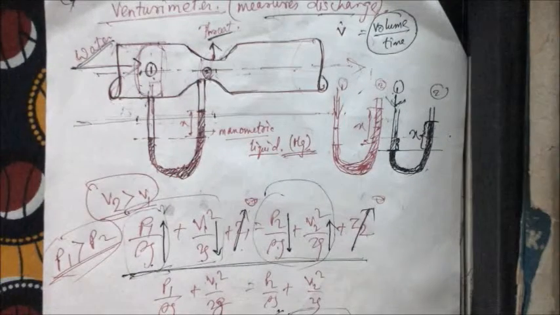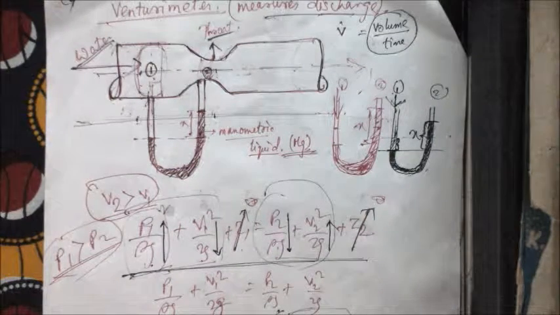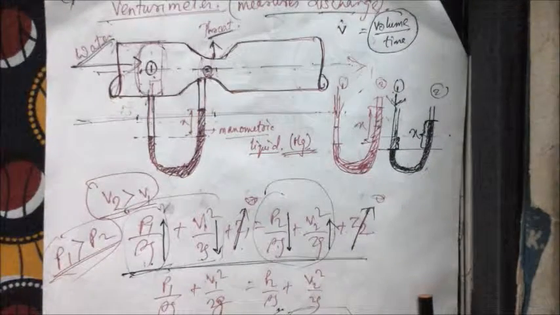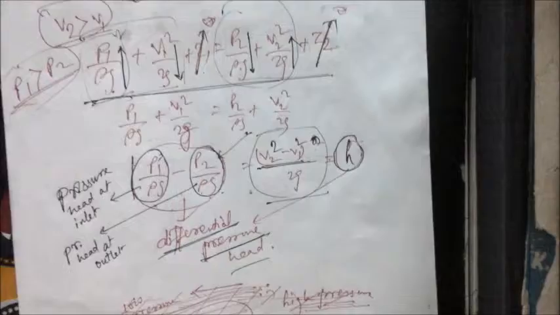Actually, apart from pipes and all, Bernoulli's equation also has a great application in the field of aerodynamics, like the wings of the aeroplanes, how the wings of the aeroplanes should be made. In this video, I'm showing you a little bit.